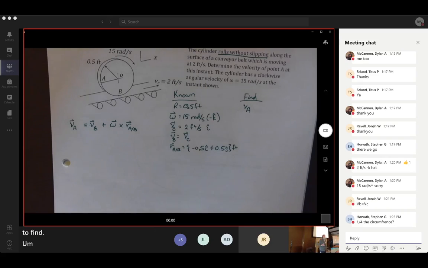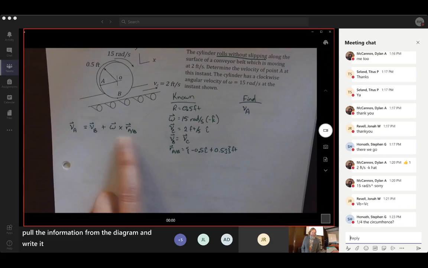This is the type of list that's going to be very helpful in solving these problems. You're going to end up with lots and lots of components as we get into more complicated scenarios. And so being able to pull the information from the diagram and write it down in these terms is going to be very helpful.